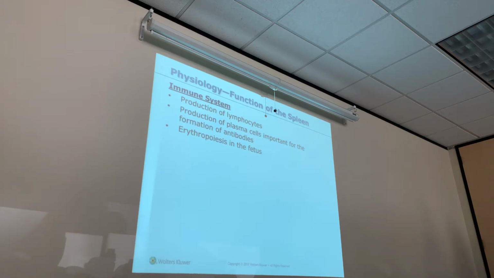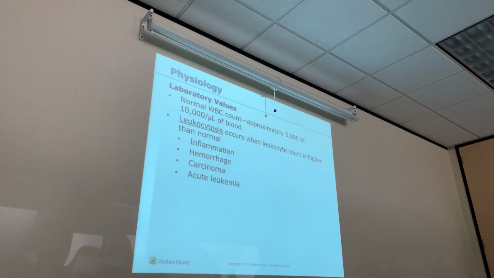So another function of the spleen is it produces lymphocytes, also produces plasma cells, which is important for the formation of antibodies, and erythropoiesis in the fetus. Some of the laboratory values that we will look at is the white blood count, which normally is 5,000 to 10,000.